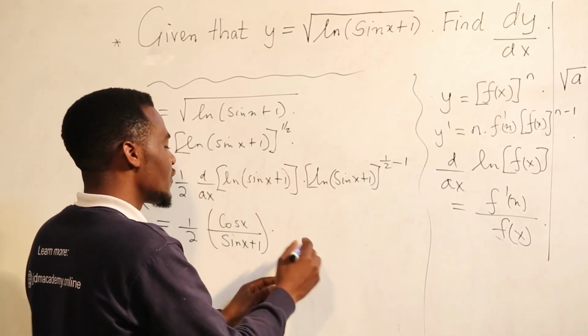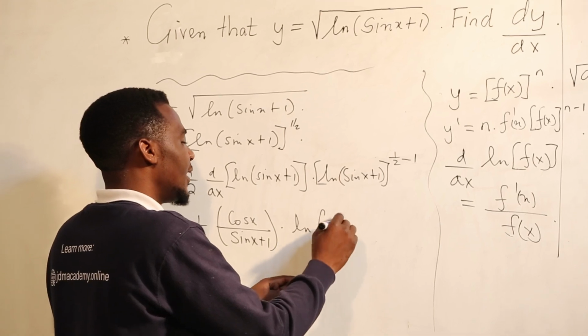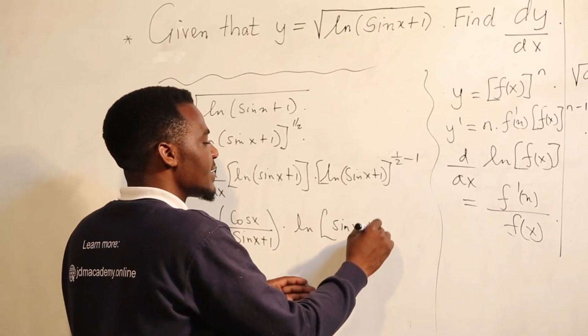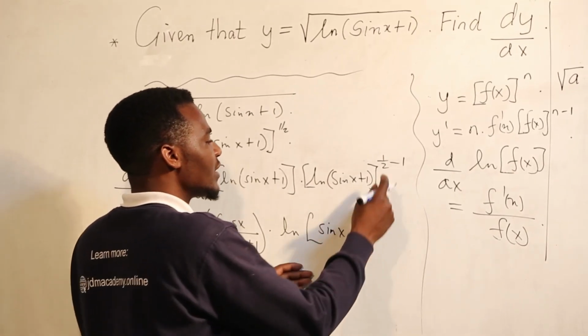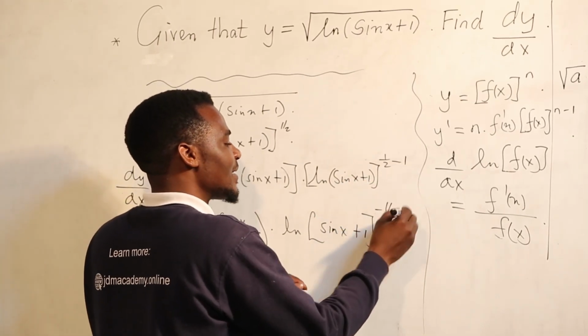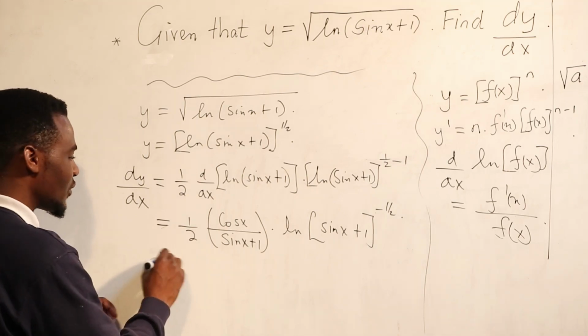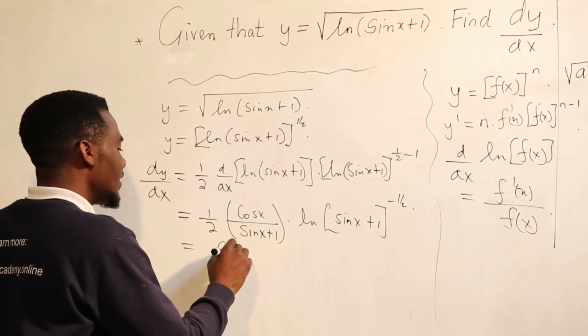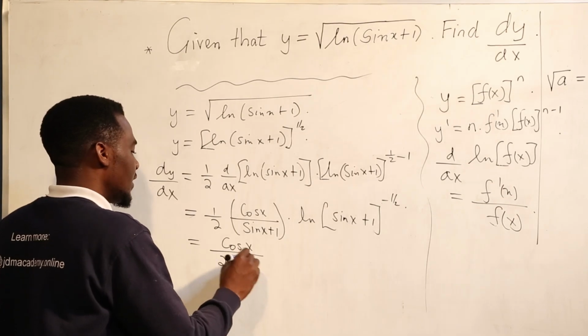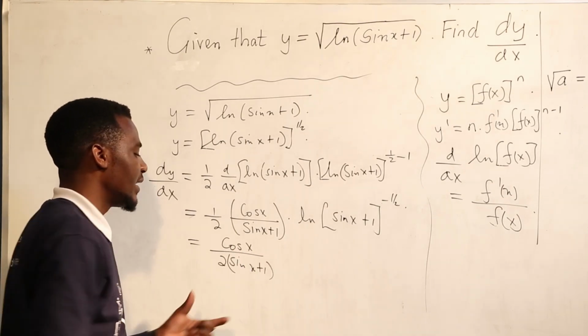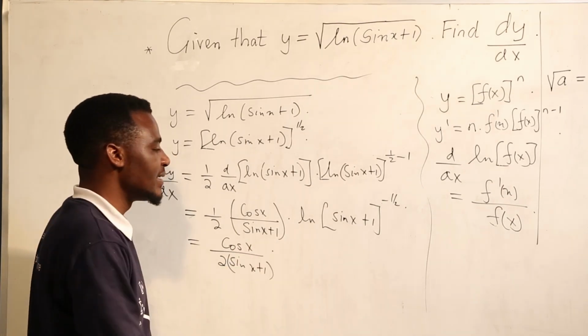Times, let's write this function as it is, which is ln of sine x plus 1, to the power of what? What is 1 over 2 minus 1? We get minus 1 over 2. Then the next step, if we simplify this, we are going to get cosine of x divided by 2 times sine x plus 1 in brackets, and we are multiplying this by this result.